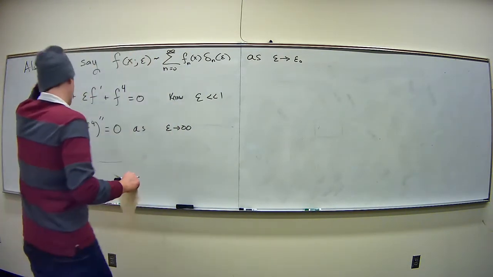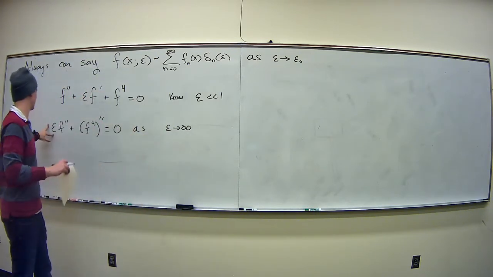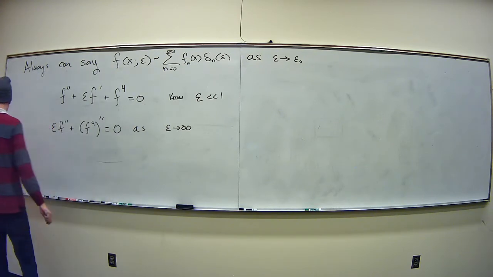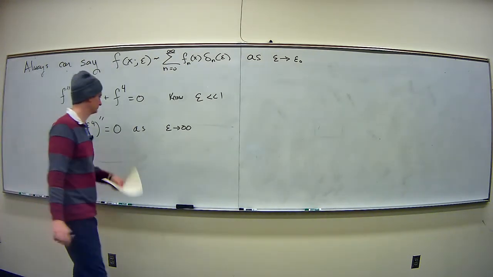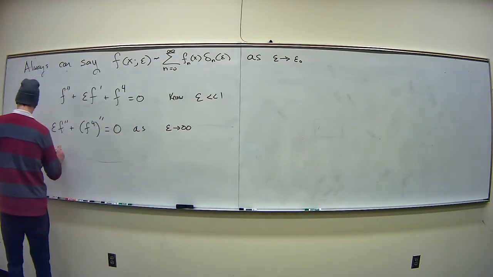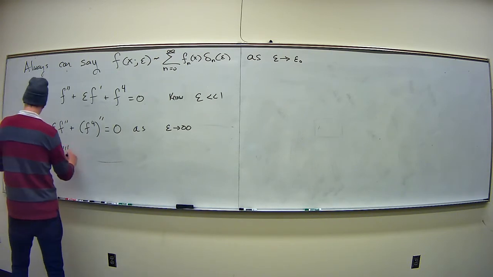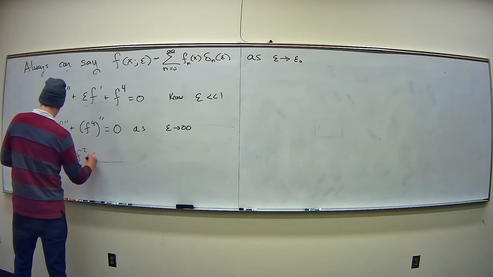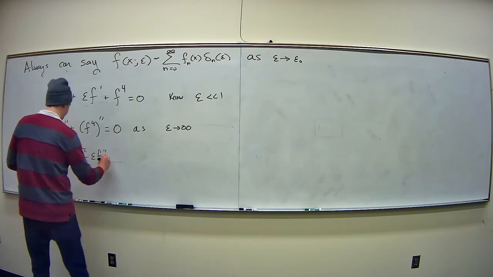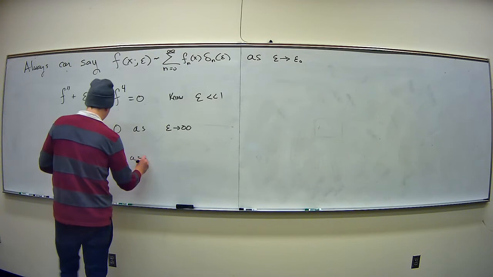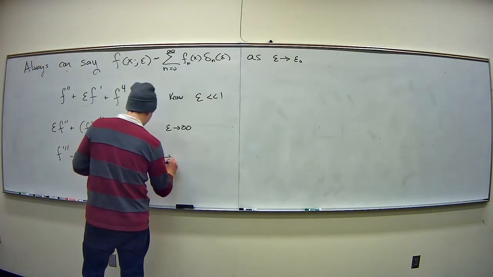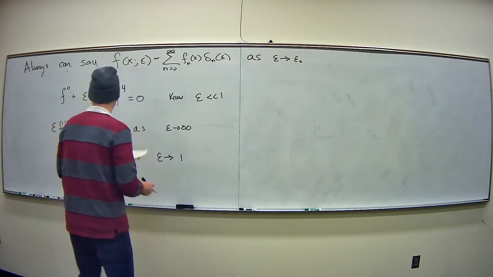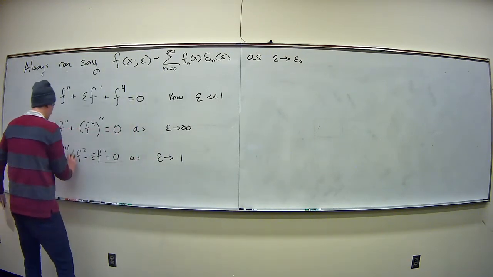So you want to do some asymptotics where this number gets very, very large. You could even do this one. This is sort of a troublesome one.